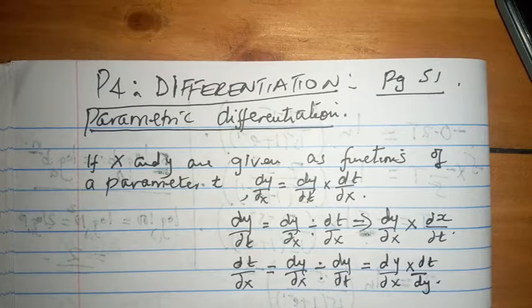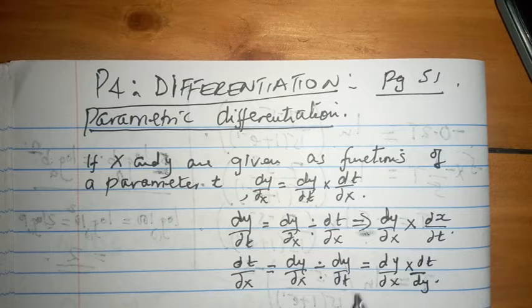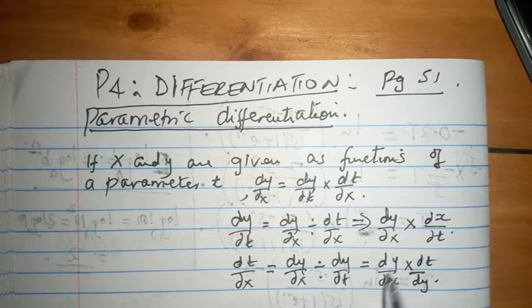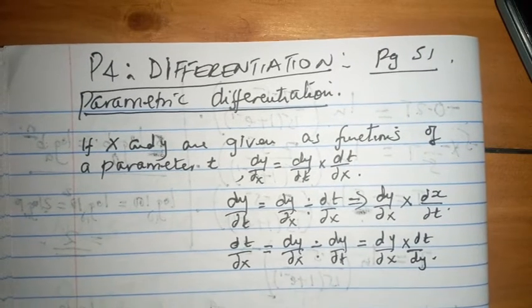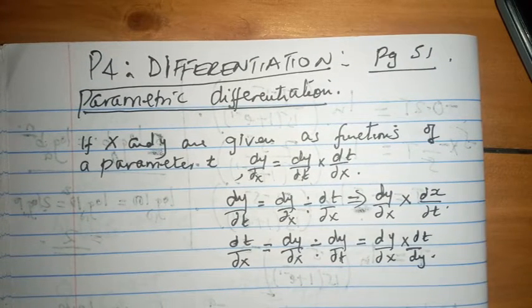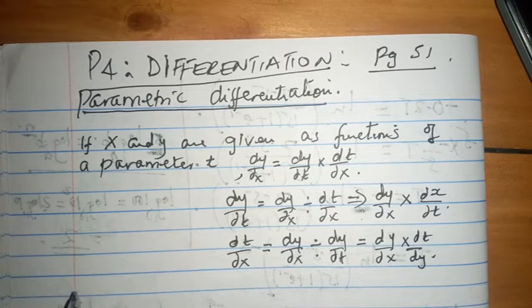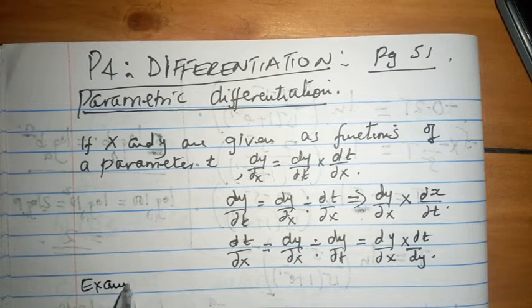That is true. And of course, when you want dx/dt again, it's the reciprocal of what you find here. So having said that, it is important to look at example 1.